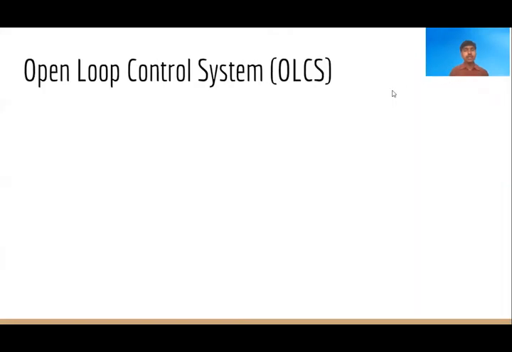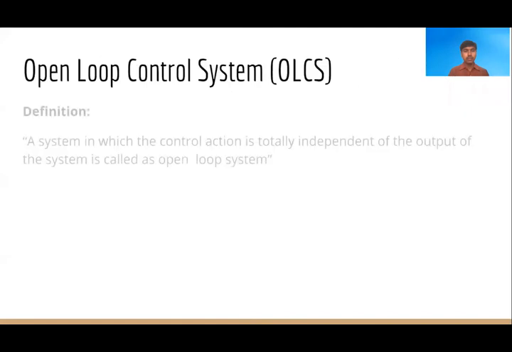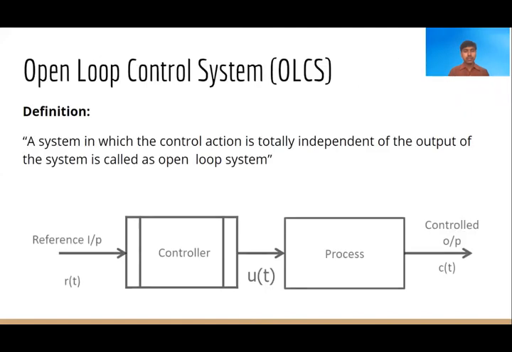Now let us see the open loop control system model. This is the open loop control system model. Basically, the open loop control system consists of a controller and a process plant, where the reference input is given to the controller. Based on the reference input, it gives the control signal to the process, then the process will deliver a controlled output.